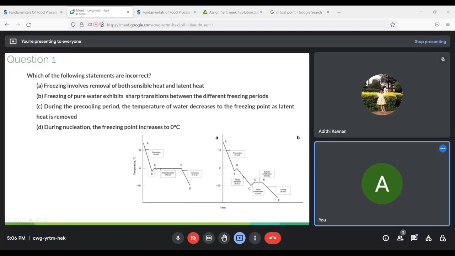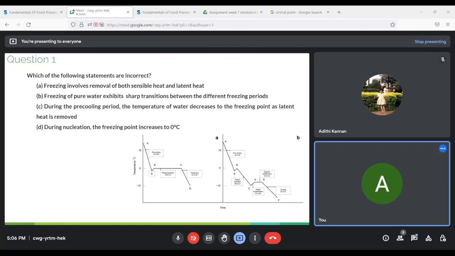After your crystals begin, they will start growing more. That is, more and more water will start crystallizing. As you can see, B to C will majorly involve your phase transition. That is, from your liquid water, ice crystals will start forming from B to C. And from C to D, once the entire crystals are formed, these crystals will come down to the temperature of your freezer.